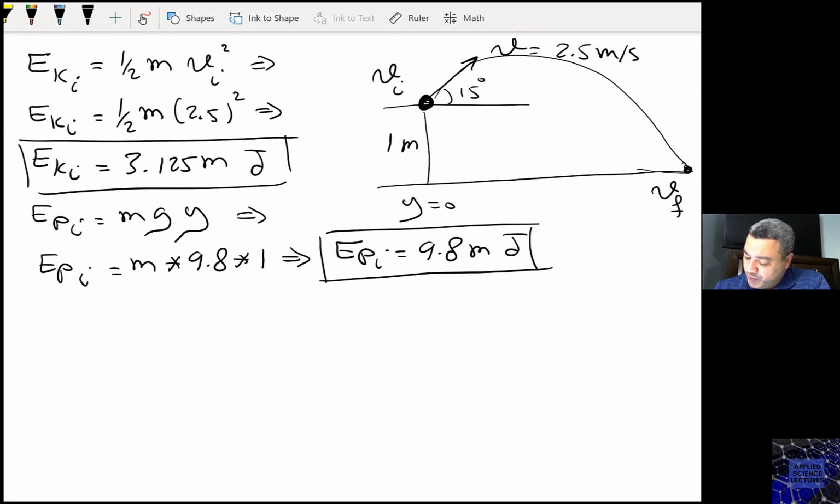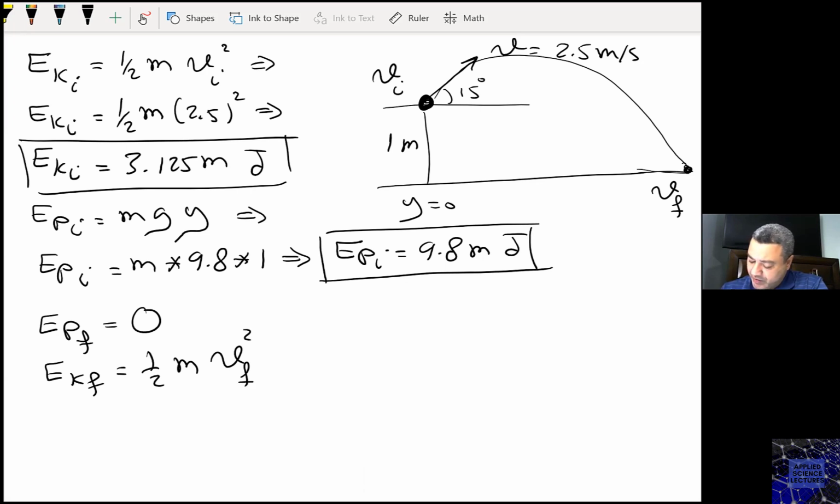Now right at this point I have EPF equals 0, because now y here is 0, mgy, y is 0, so EPF is 0. EKF is half m VF squared, and this is what we are after.